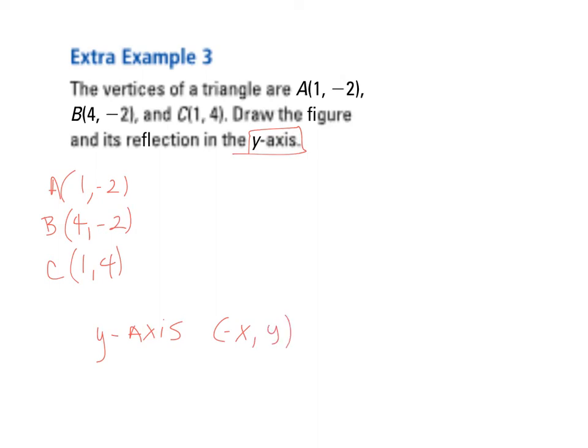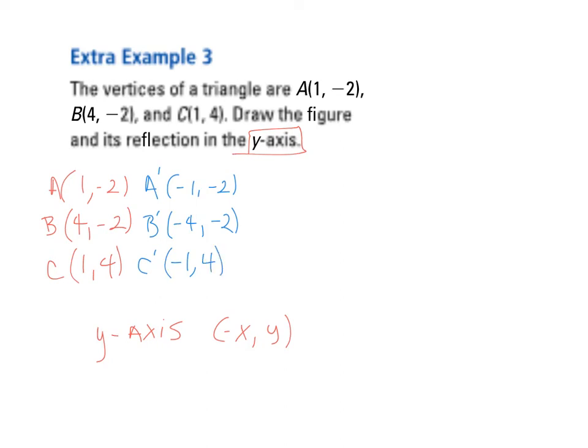So we've got A prime, the opposite of 1 is going to be -1, y stays the same. The opposite of 4 is -4. Y stays the same. The opposite of 1, -1. The y stays the same.